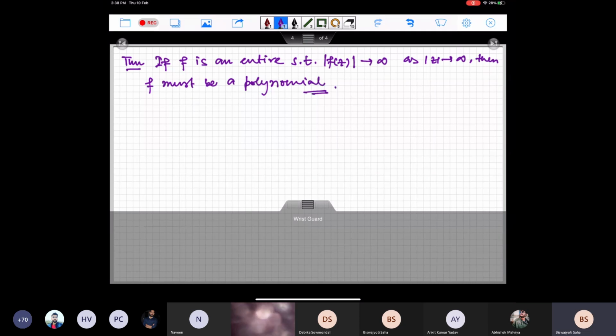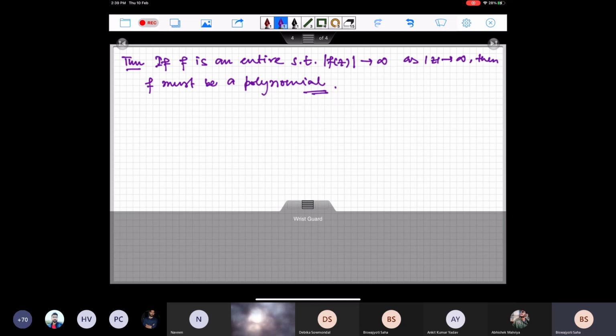Okay, so the property that mod of f of z tends to infinity as mod z tends to infinity is so fundamental that actually this characterizes the polynomials. Okay, so that's a very interesting result. So not only do polynomials have this property, but rather polynomials are the only functions having this property.